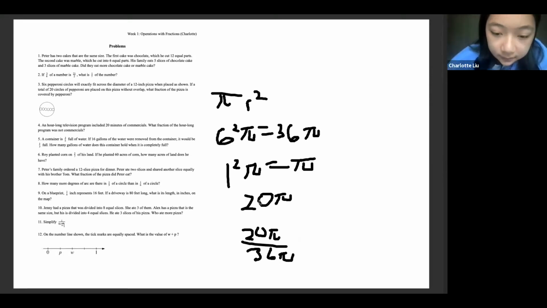And what you would do is divide the numerator and denominator by 4 pi, and you get 5 over 9.